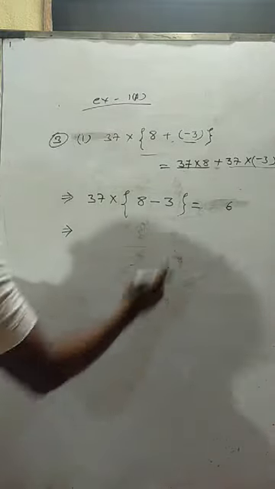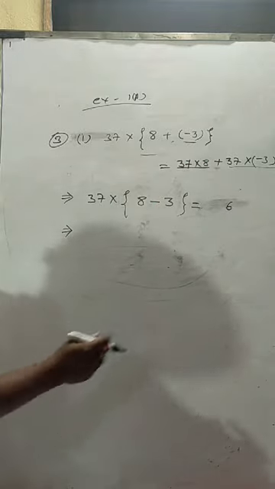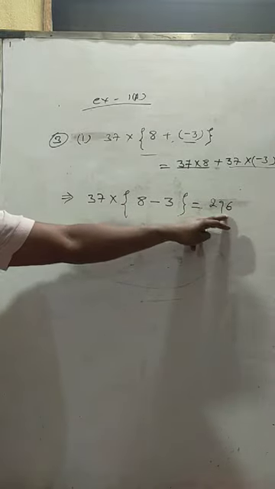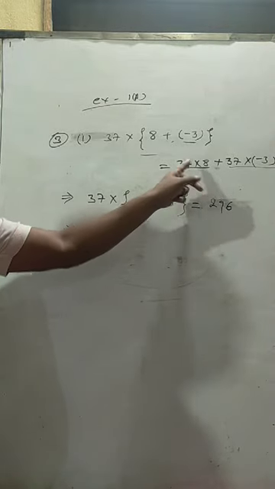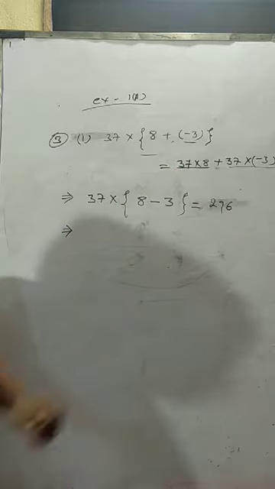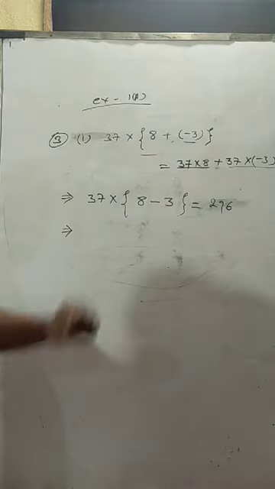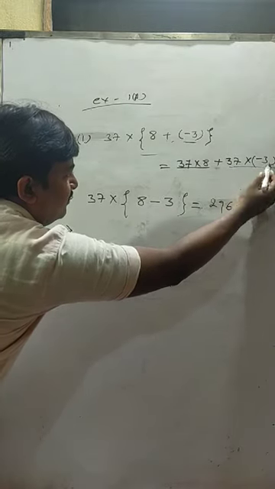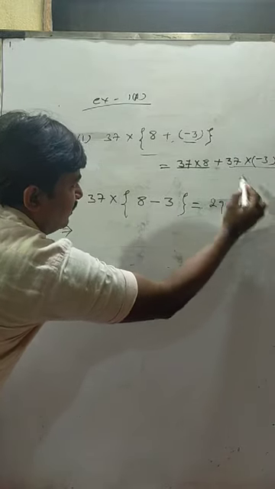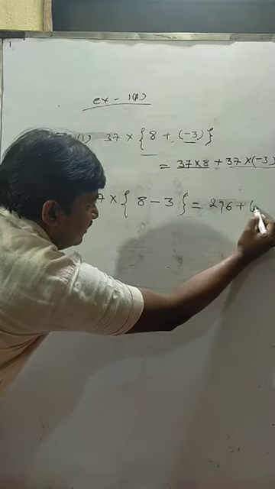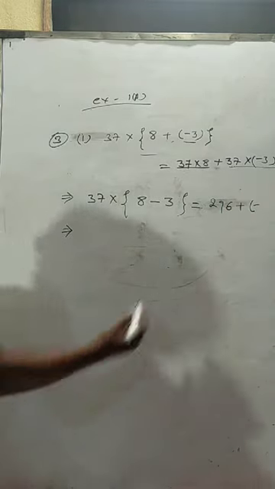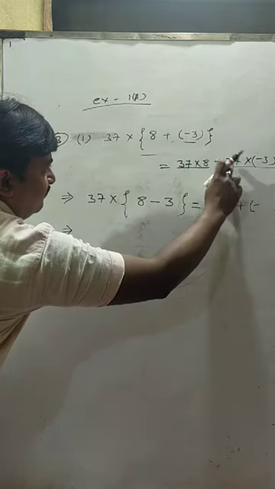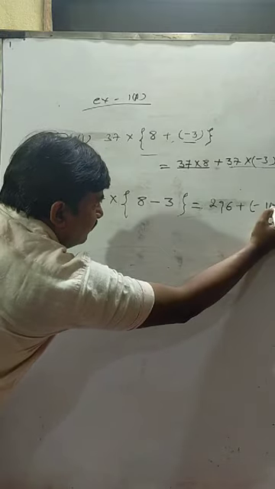37 × 8 is 296. Plus 37 × (−3): one is a positive integer and one is a negative integer, therefore the result will be negative. 7 × 3 is 21, 3 × 3 is 9 and 2 is 11, so −111.